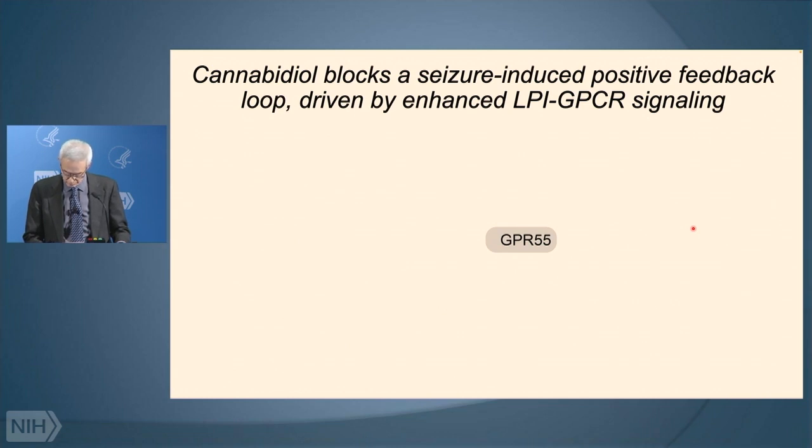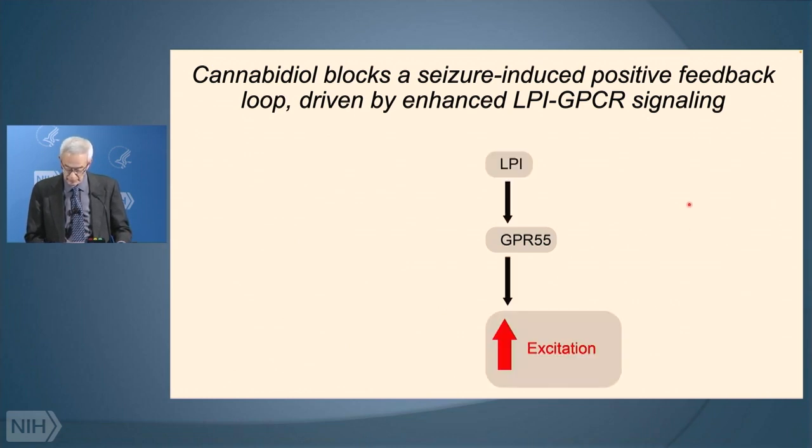So to summarize what we've told you so far, LPI acts on a receptor. The receptor increases excitation and simultaneously turns down inhibition. That makes the neuron more prone to firing because the EPSPs are like an accelerator and the IPSPs are like a brake. And if you press down on the accelerator and let go of the brake, your car is going to go faster.